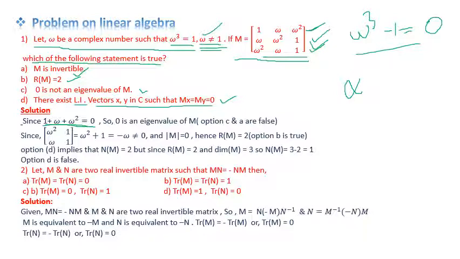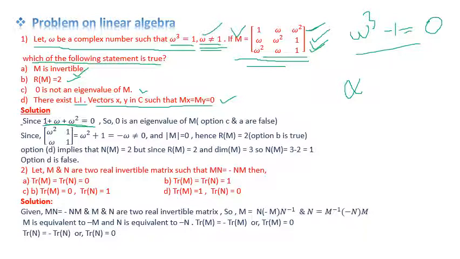And a similar case holds for the column. If the sum of each column equals to alpha, then alpha will be the eigenvalue of that matrix. So using this short note, we can say that here 0 will be the eigenvalue of this matrix M, right?